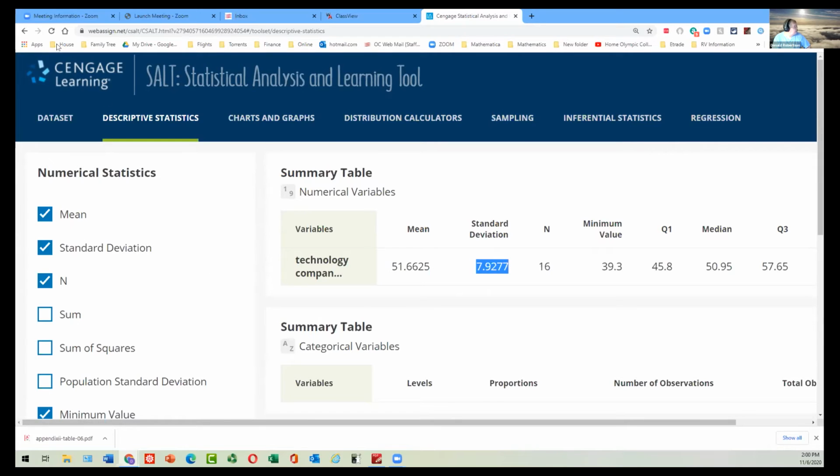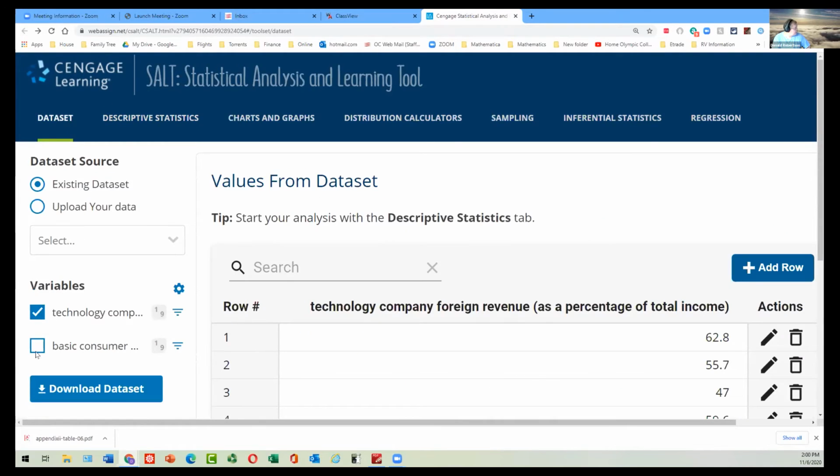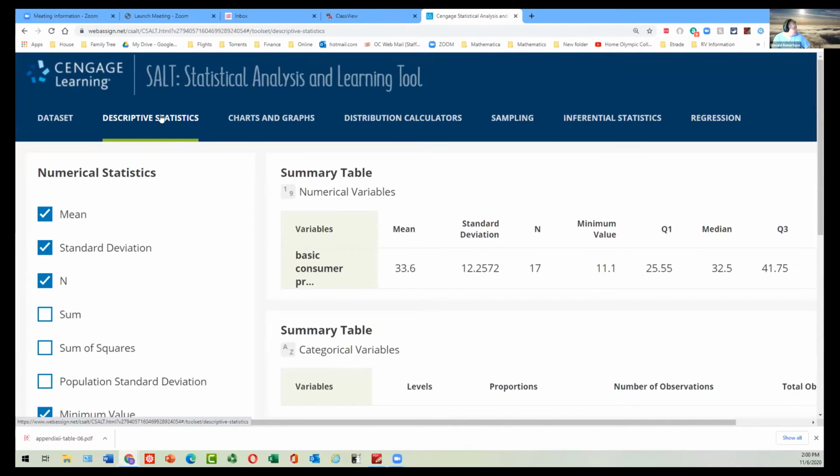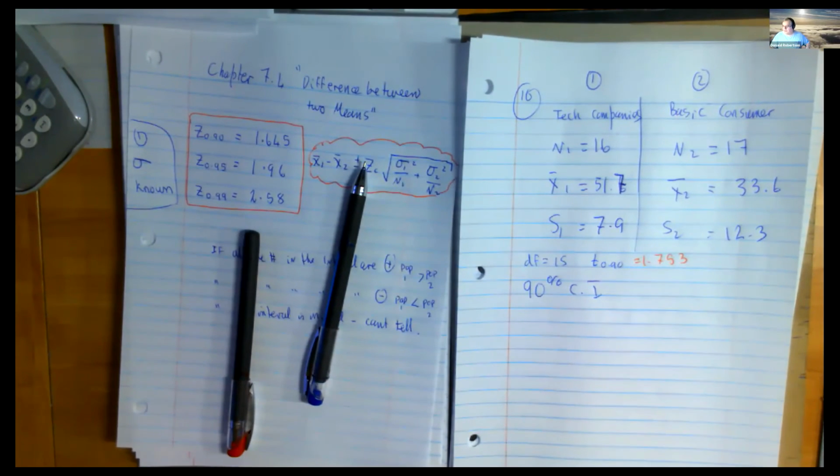And then if I go back one and I do basic consumers, I should be able to get theirs. The mean in this case is 33.6, and the standard deviation is about 12.3. So just to make my life a little bit easier, I'm rounding off to a lot less than you were meant to for the question. Hopefully that's not a big deal, right? Can you imagine doing it to 4 decimal places?